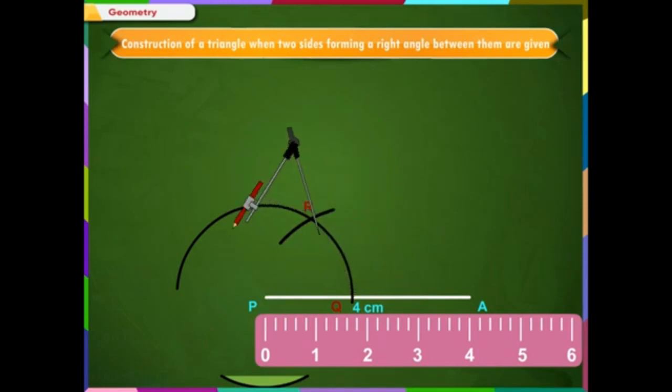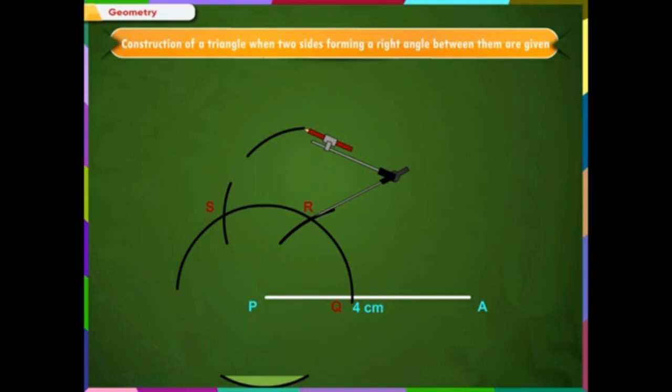Now keeping the compass at R, cut an arc S with the same radius as shown on the screen. From the point R, with the same radius, cut an arc above P. Place the compass at S and cut an arc above P, intersecting the arc cut in the previous step. Name this intersecting point T.